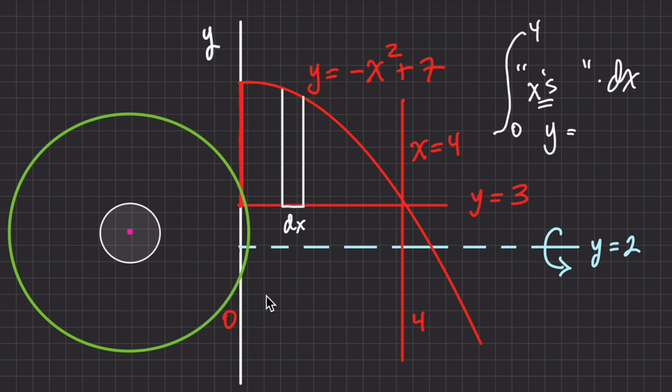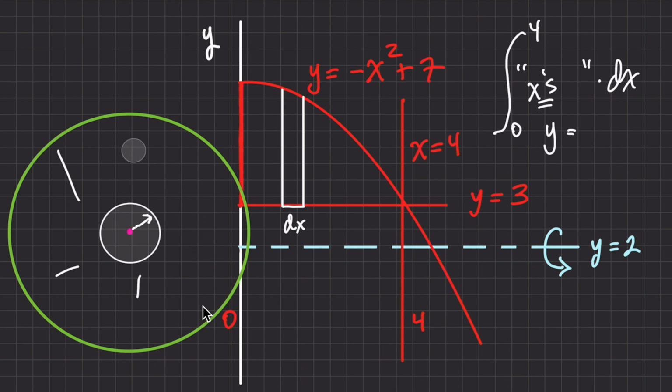The distance from this axis of rotation to this white ring right there, that's the shortest distance from the axis of rotation to the region that is being rotated. Folks, this rotated region is going to create this patio around the pool. The pool is the gap. The pool is the hole. This is the region of area that we're trying to find.